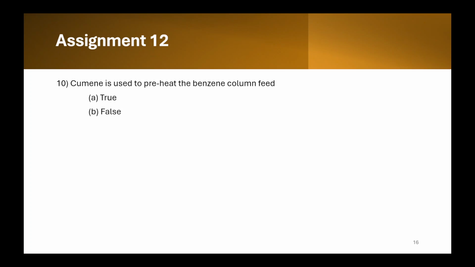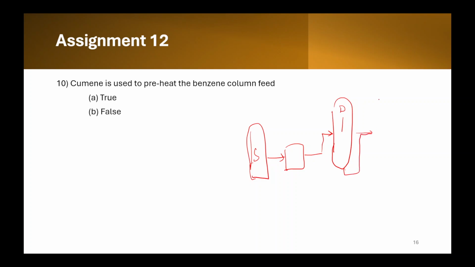Next question. Cumene is used to preheat the benzene column feed. So you saw there is a separator. From there, there is a preheater in between, and from there it goes to distillation column 1, and then whatever the bottoms are, it goes to distillation column 2, and this is the top cut, this is the bottom cut.